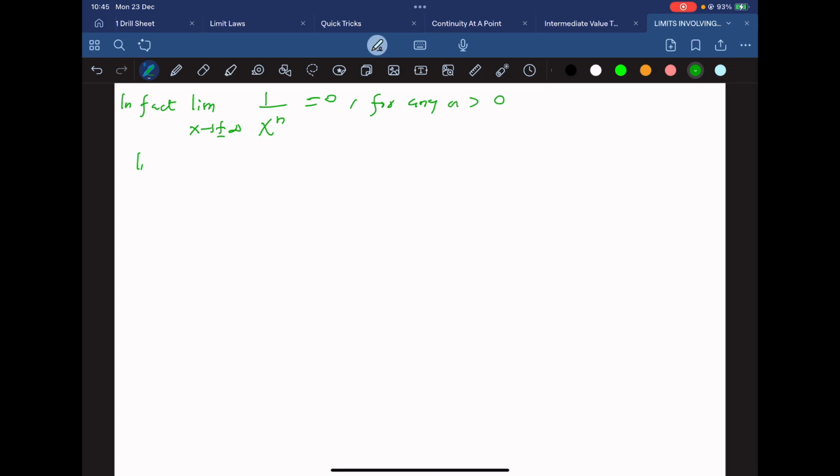So when we had the limit as x was approaching negative infinity of 1 over x squared, instead of breaking it down into the limit of 1 over x times the limit of 1 over x, we can just say that this is equal to 0. There is no need to go ahead and say this is 0 times this is 0. You understand? You can just go ahead if this n over here is positive.